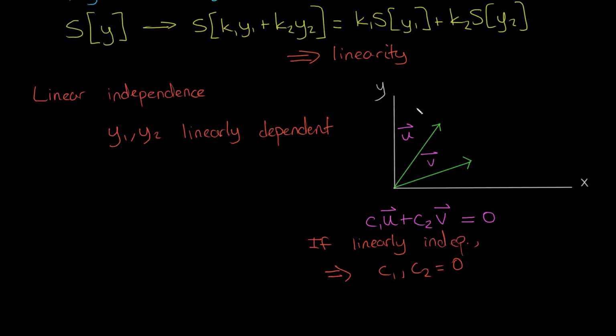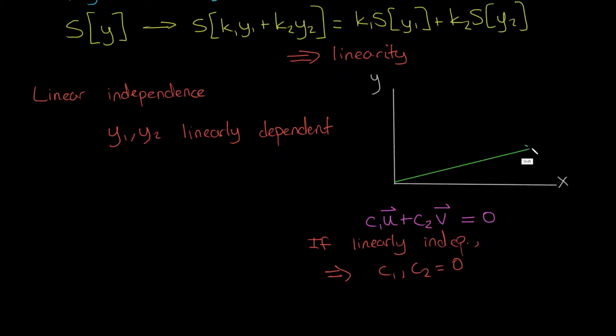So to see that, let's look at another example where we'll have actually linearly dependent vectors. So let's imagine x-axis, y-axis. We have some kind of a vector here. And we have another vector, which I'll do in orange, which is linearly dependent to this vector.